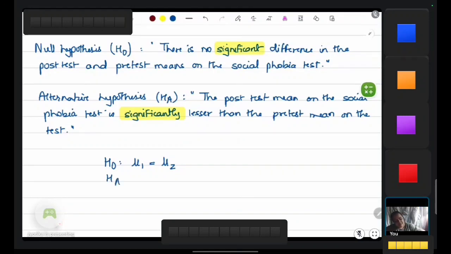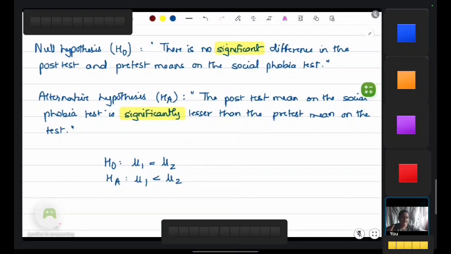Okay. HA is, here what should I write first? 1 or 2? Parul, tell me, 1 or 2? Why? Yes. So mu1 is less than mu2. Okay. Now, before we move to the next step, Parul, keep your mic on. I'm asking before the next step.